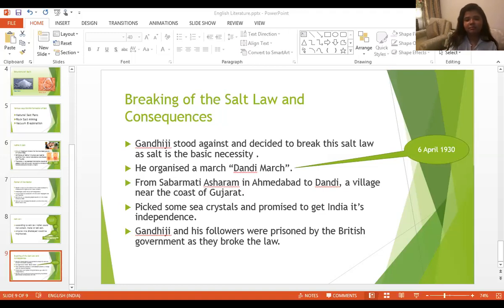Let's go ahead. In ancient Rome, it was the term used for the money allotted to a Roman soldier to buy salt. Now, why are we discussing the word salary? Because this salary was given to the soldiers. And why was it given? Because it was the term used for the money allotted. They were given money to a Roman soldier to buy salt, which was an expensive but essential commodity.